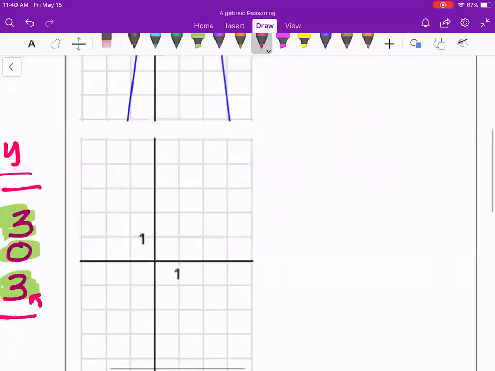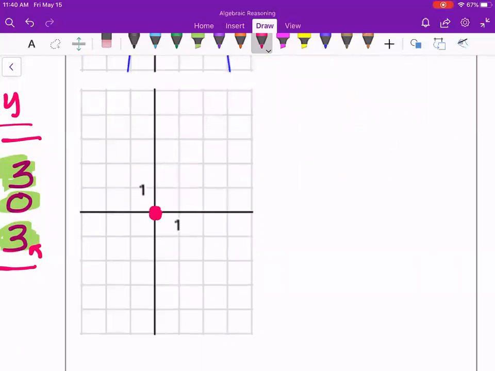I'm going to move it down. All right, so our starting point, 0, 0, we've got a -1, 1, and a -2, 4, and then +1, 1, and then a +2, 4. Oops, so there's our original.